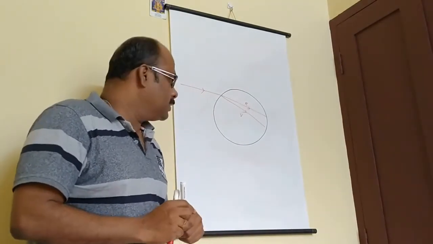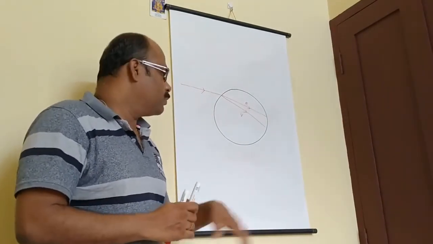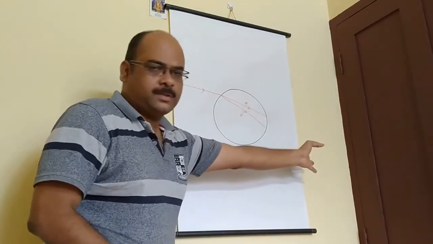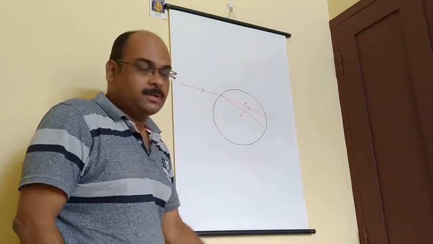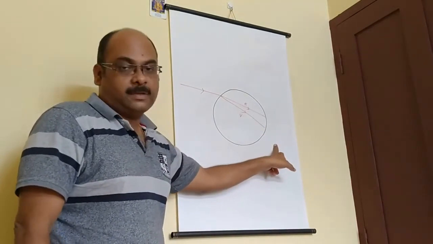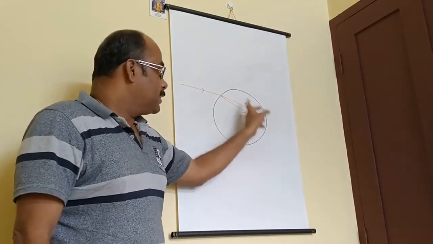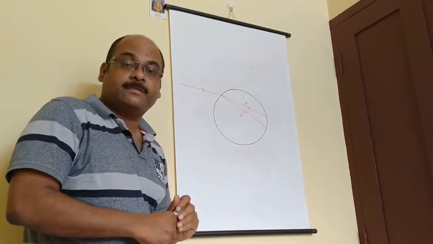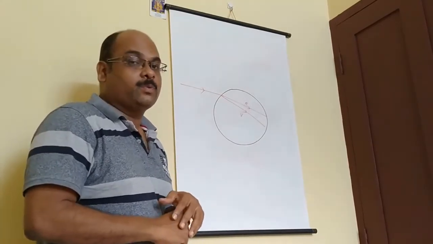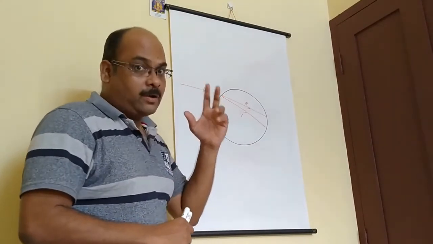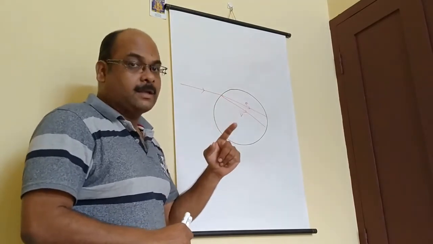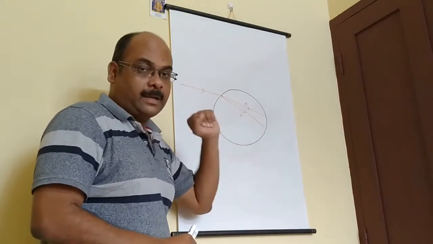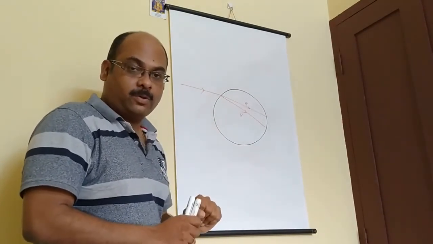Now after this, we have to consider two conditions. This has to go beyond this, that is, from water to air it has to pass. So this is a denser medium and this is a rarer medium. And there is an angle of incidence here, and if this angle of incidence is greater than the critical angle, and the light is passing from a denser to a rarer medium, then refraction will not occur.